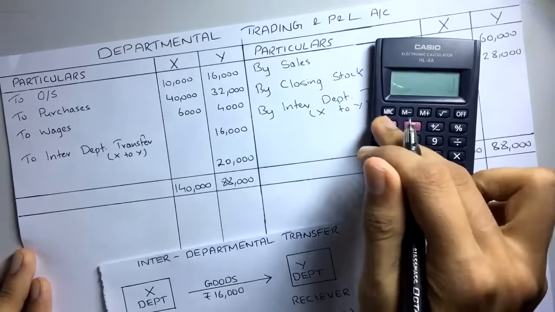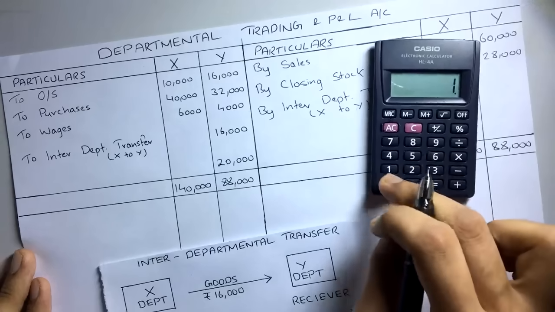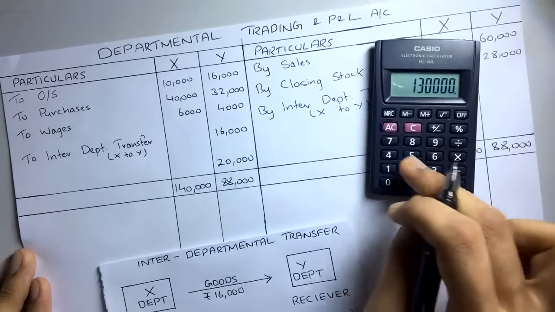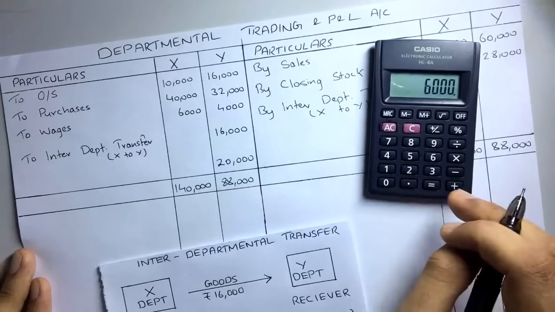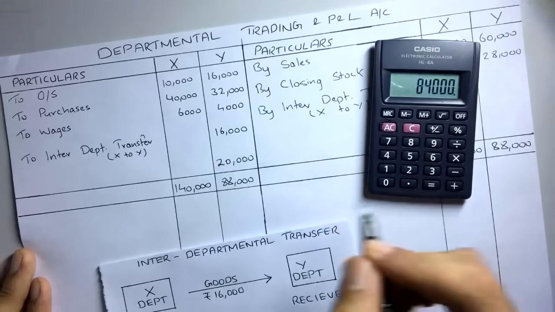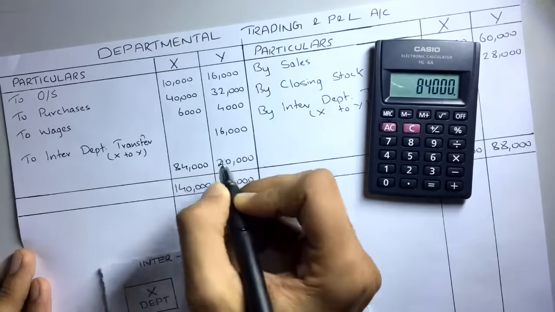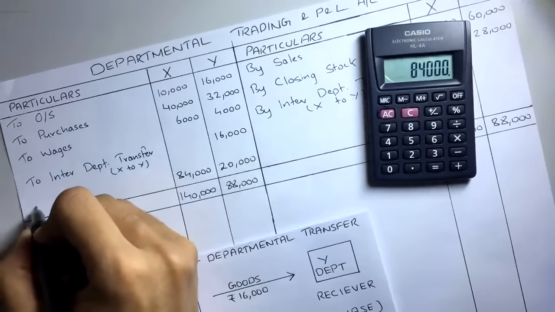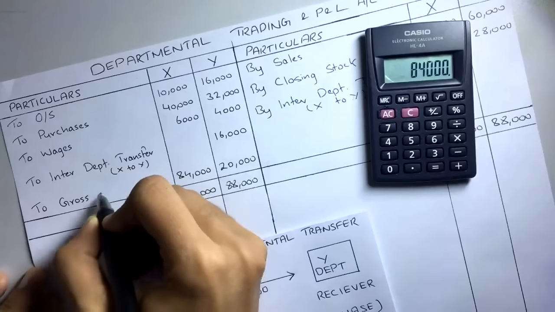Now let's see the X department. 1,40,000 minus 10,000 minus 40,000 minus 6,000 is equal to 84,000. So 84,000 and 20,000 are the gross profits over here. So you will write it over here, to gross profit.